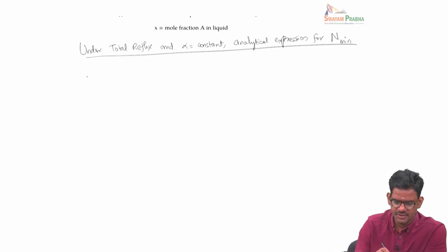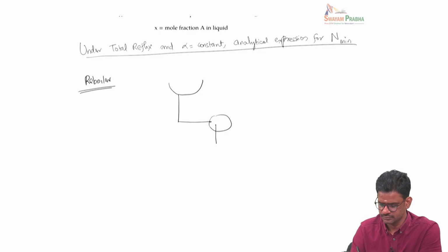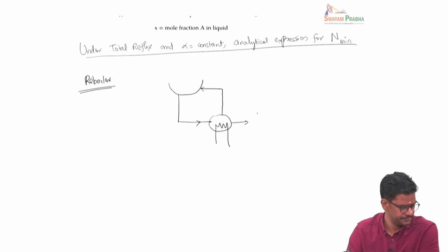Now let's consider the reboiler. So you can draw the reboiler something like this. So this is the reboiler.